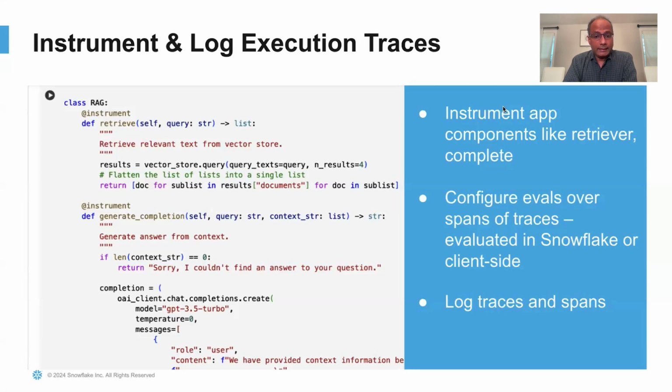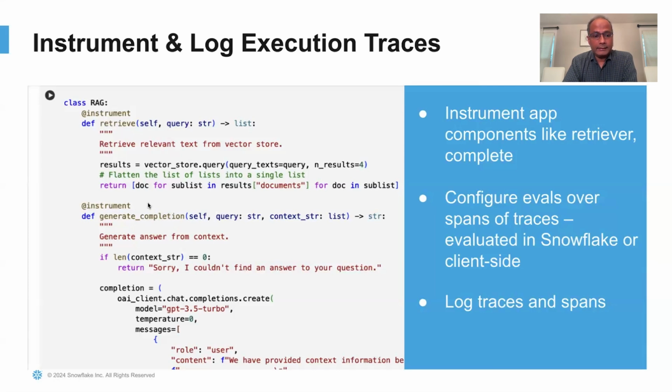So it's very easy to instrument an app using TruLens, like retrievers as well as generators. So in the code block here on the left, you can see that there are two functions, retrieve and generate completion. These are two of the key steps in a retrieval augmented generation setup. And you can see the annotation on it, the instrumentation of @instrument.